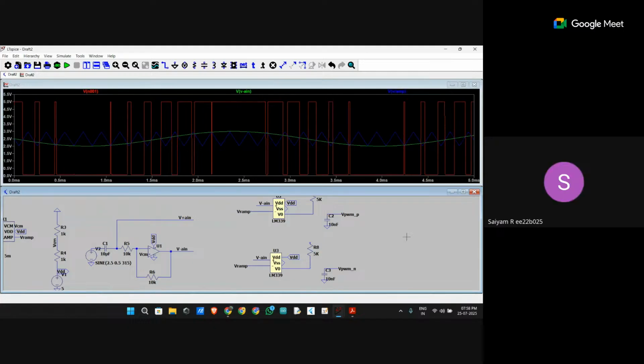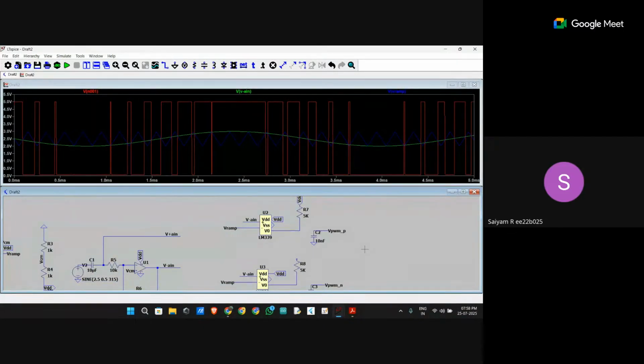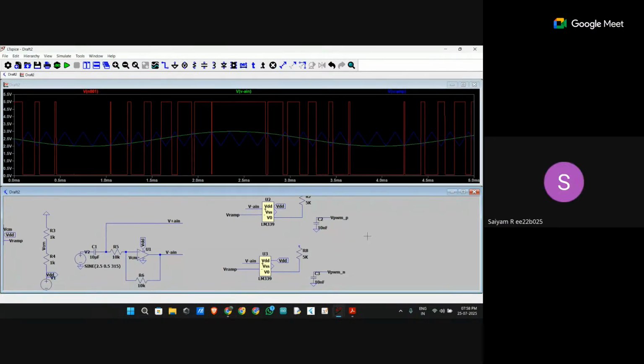Maybe one thing you can try is to use a different op amp instead of this LM339 comparator in LTspice. When I did this experiment, I used a different component.